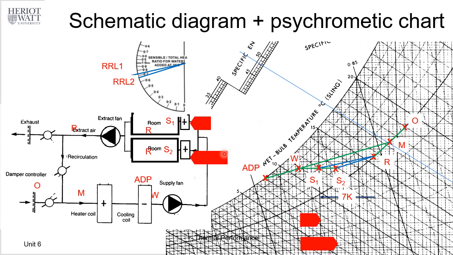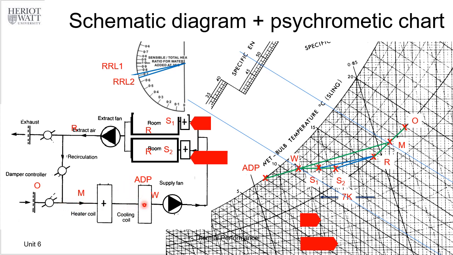Okay, so now having determined the supply air to zone 1 and zone 2, the rest is to calculate the loads. The first load is where we cool the mixture air from M to W. That is shown on this schematic diagram.